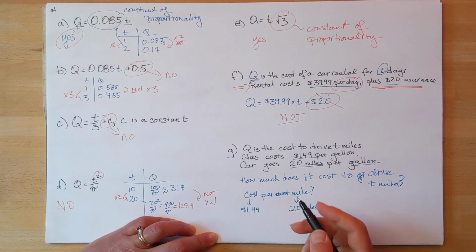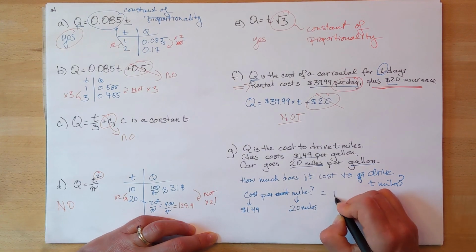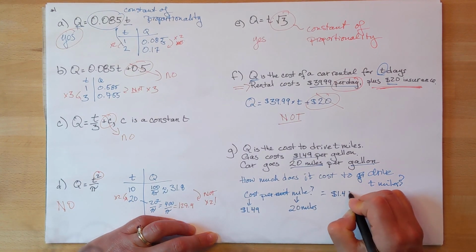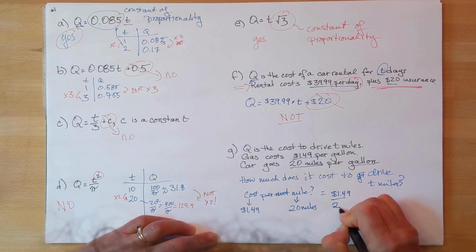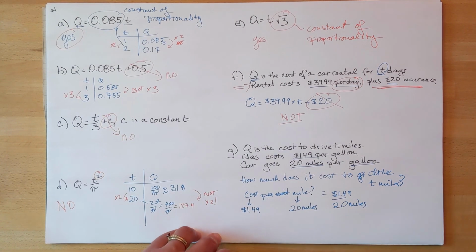So the cost per mile would be equal to $1.49 divided by, because per means divided by, 20 miles. That calculation would tell me the cost to go 1 mile, because I was taking my $1.49 and breaking it up across 20 miles.